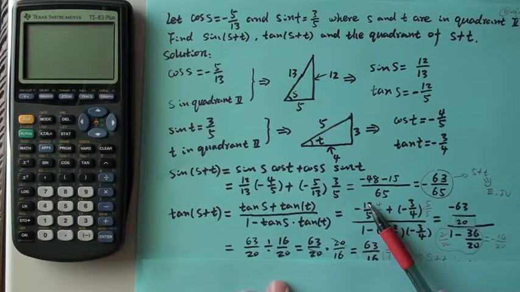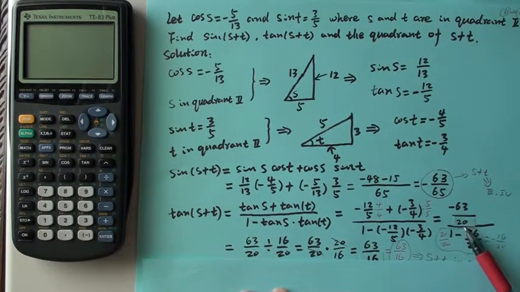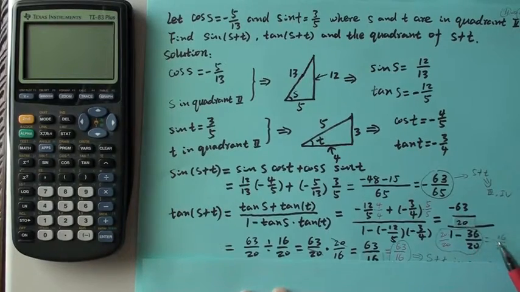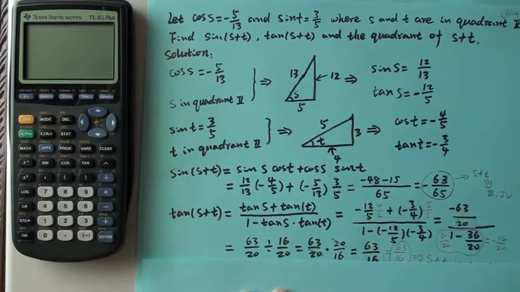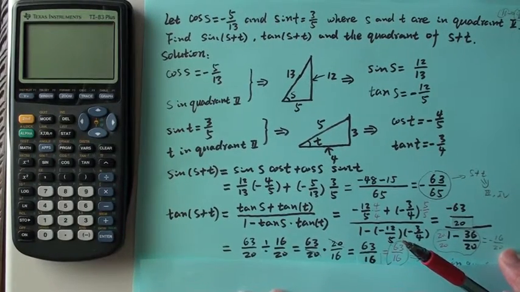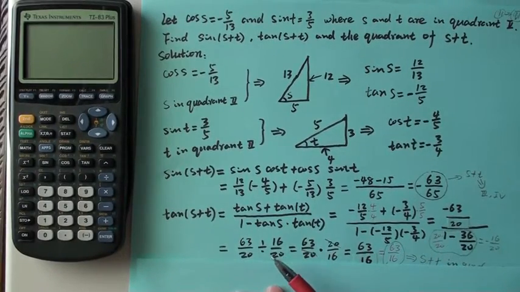We have 63 over 20 divided by 16 over 20.